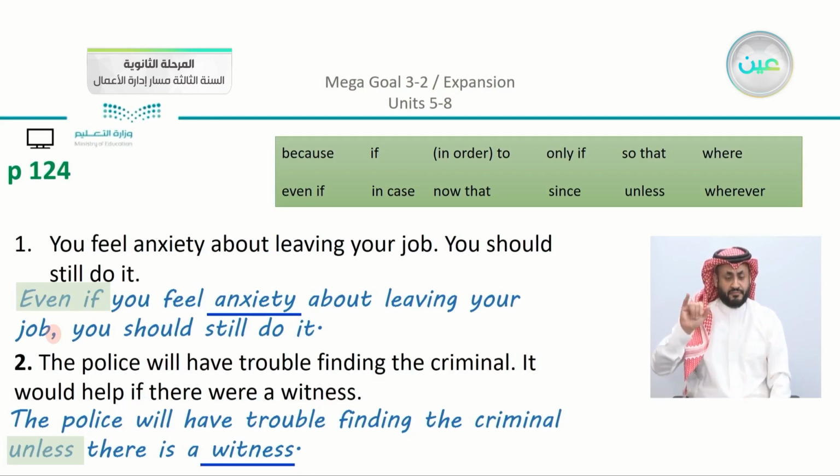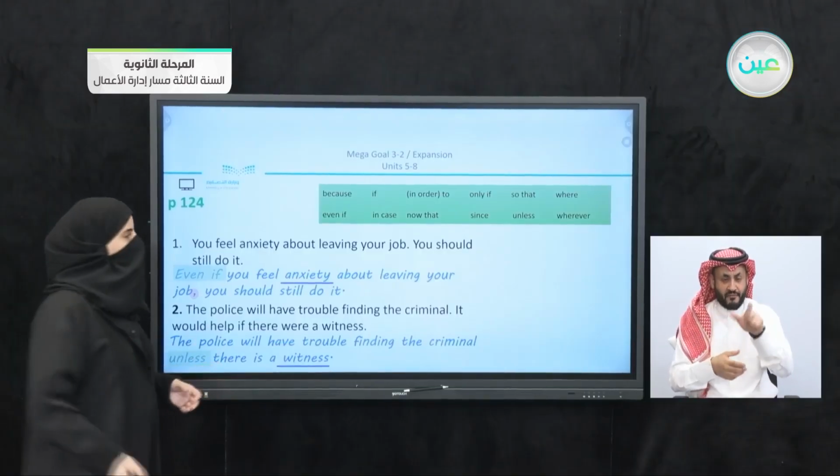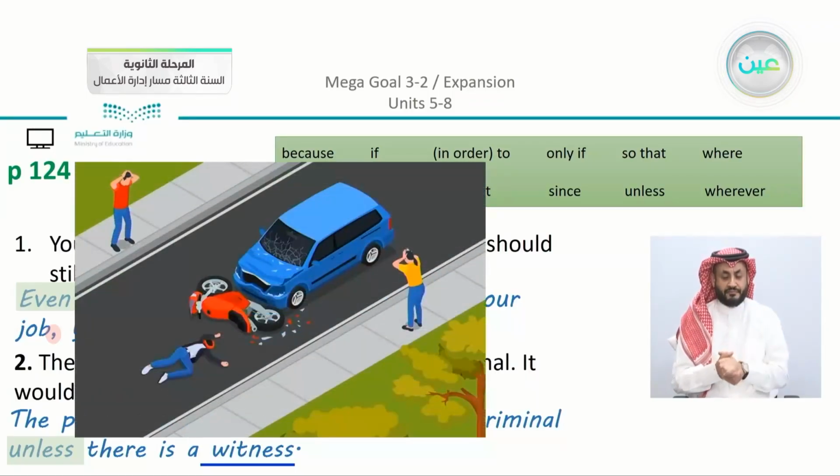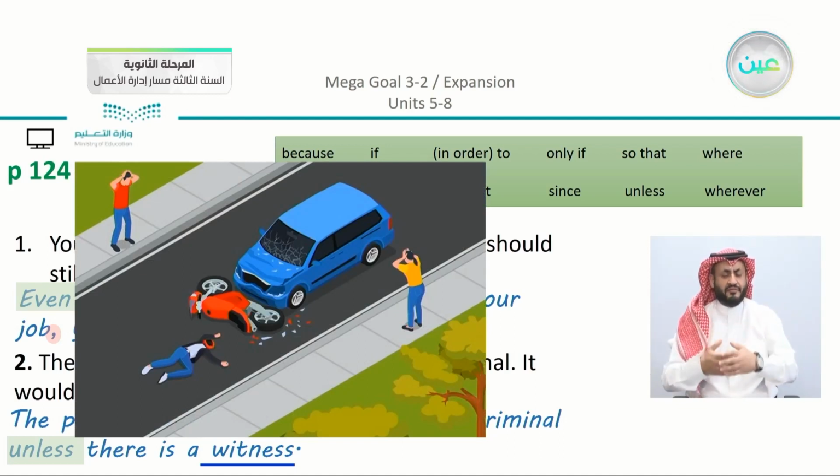Witness is one of the interesting words that we can use as a noun or as a verb. So just to say that we have this accident. Now, la samah Allah, if you pass by an accident here, you can say that you witnessed the accident, you saw it when it happened, or we can refer to these people here and say that they are witnesses.